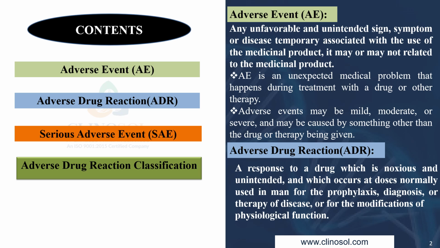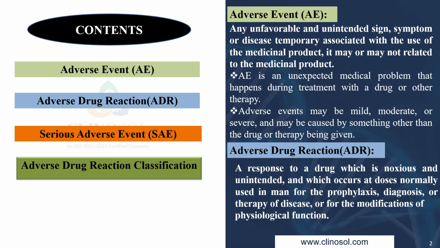It is an unexpected medical problem that happens during treatment with a drug or other therapy. Adverse events may be mild, moderate, or severe and may be caused by something other than the drug or therapy being given.